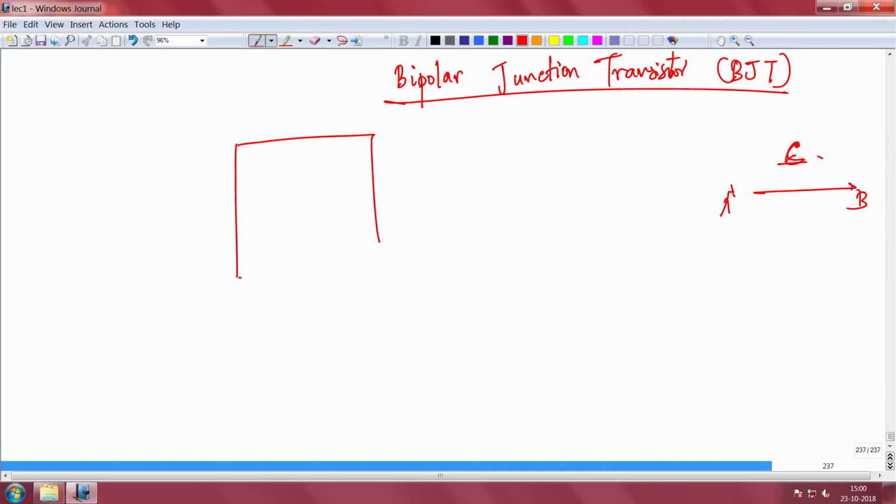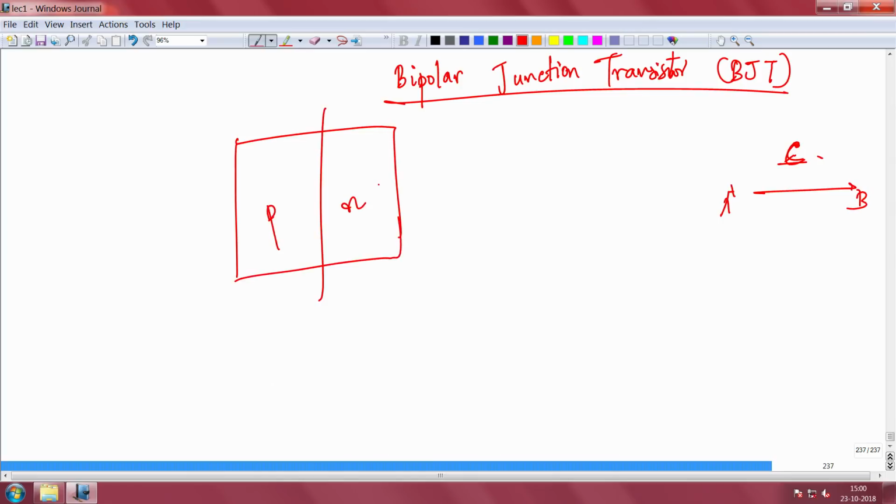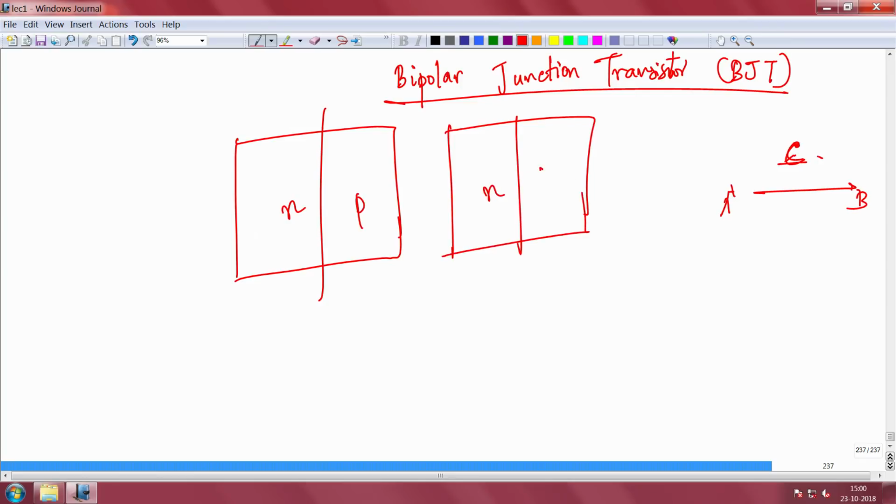Essentially, a bipolar junction transistor is actually two PN junctions back to back. So, this is one PN junction, let me write it the other way, NP, and this is another PN junction.